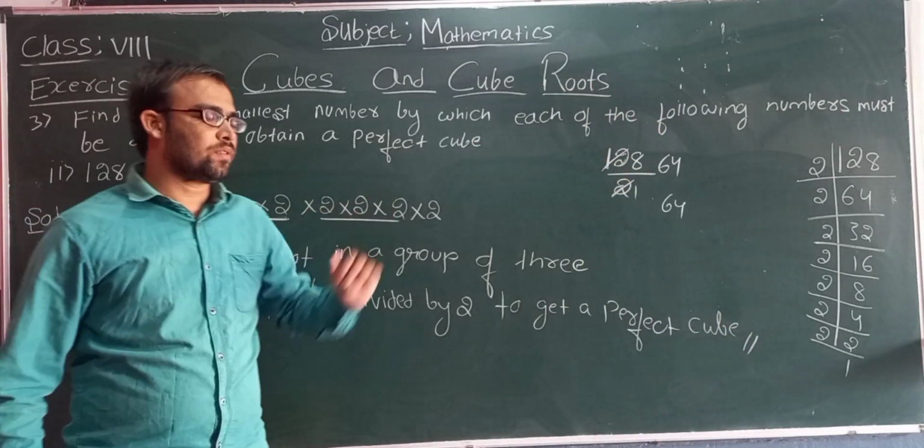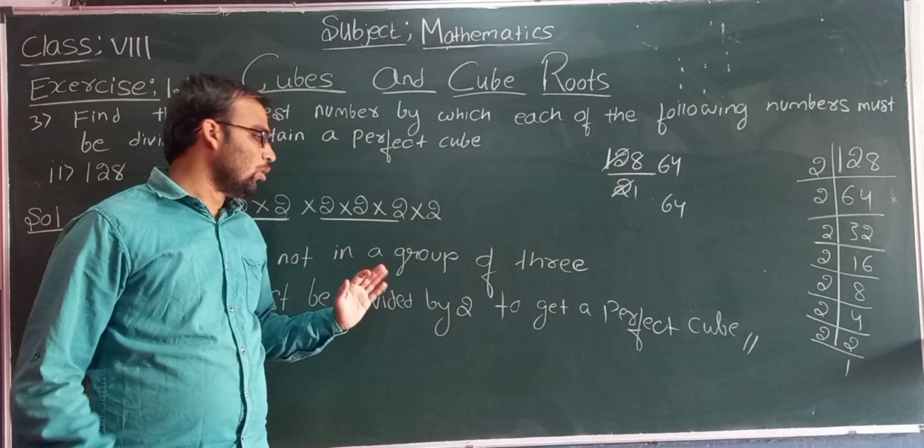As 2 is not in a group of 3, 128 must be divided by 2 to get a perfect cube.